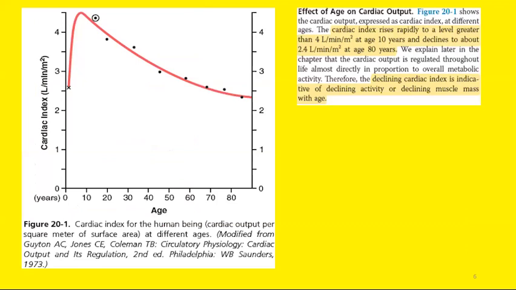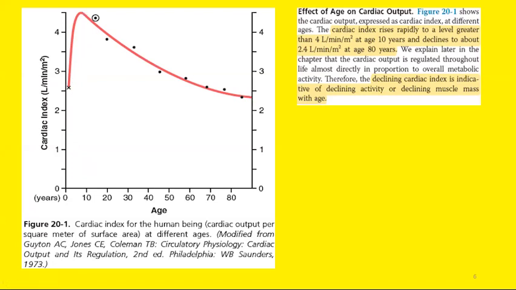Now this graph on your left hand side indicates the changes in the cardiac index along with age. You can see as we go from 0 years to 10 years, there is a progressive, rapid increase in cardiac index.